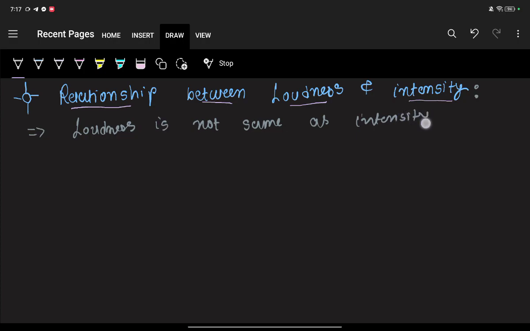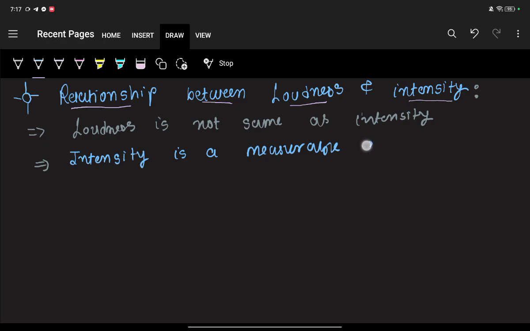They are completely different quantities. Intensity is a measurable quantity, while loudness is a sensation.